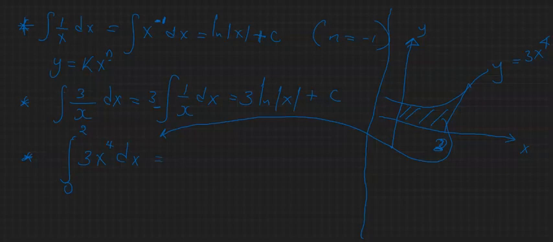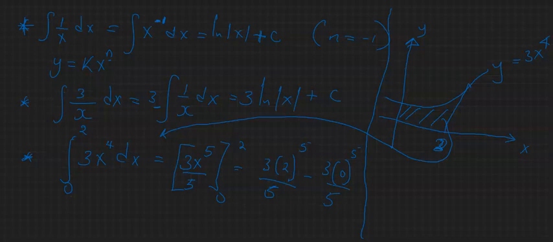And this will give us 3x raised to power 5 over 5, with x from 0 to 2, which will be the same as 3 times, instead of having x here, we have 2 raised to power 5 over 5, minus 3 times 0 raised to power 5 over 5.